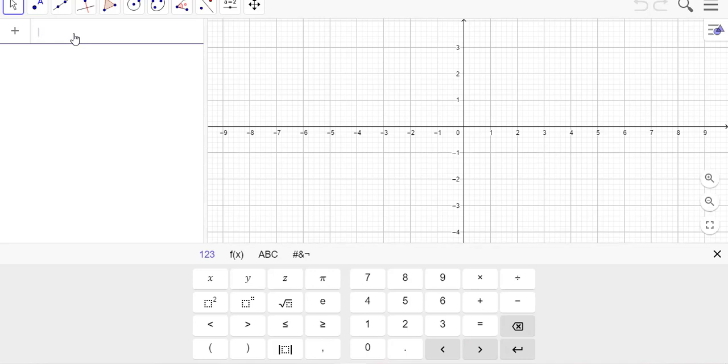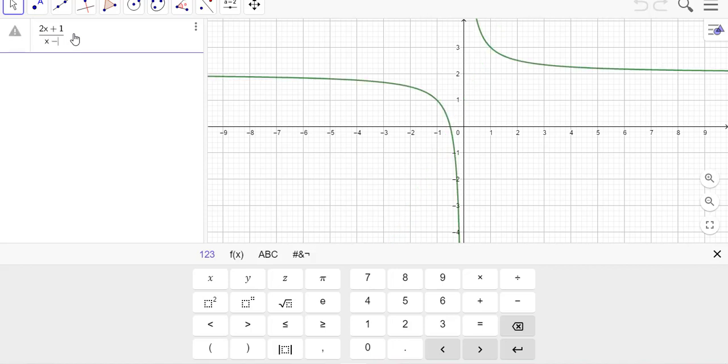I'm going to input the function. I think the function was 2x plus 1, in brackets, divided by x minus 4.